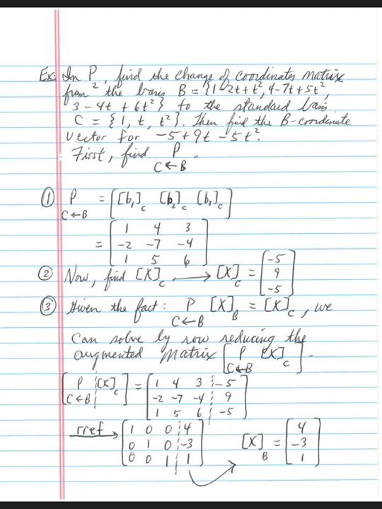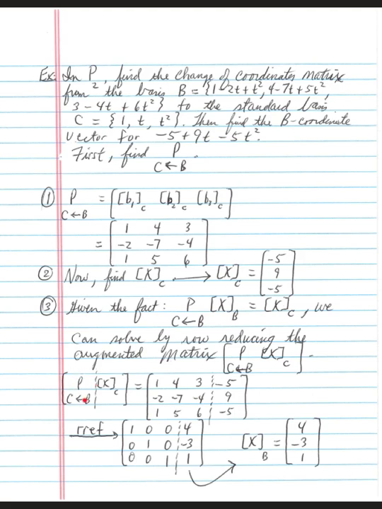You're going to need to augment this, but we built the change of coordinates matrix in part 1, and then we just use the vector we're supposed to change, x sub C, that's going to go next to it. Anyway, long story short, we take our change of coordinates matrix and our C coordinate vector, and we're going to augment and row reduce. I was thinking of another topic.